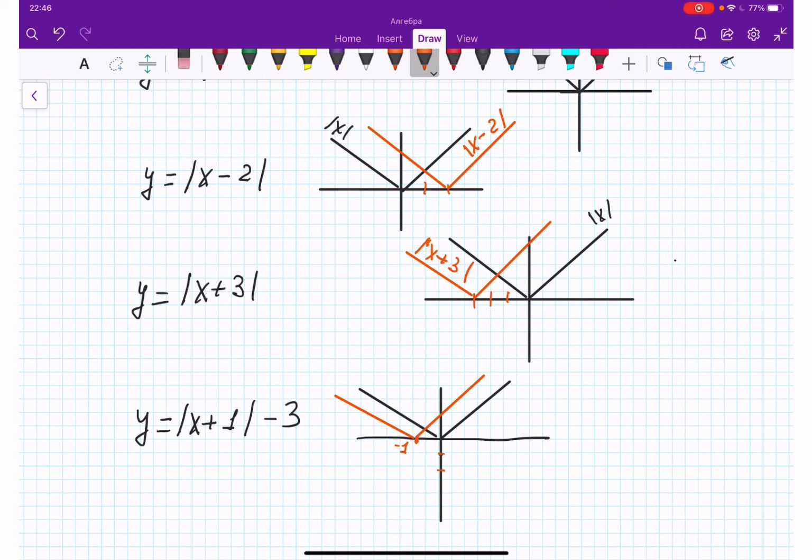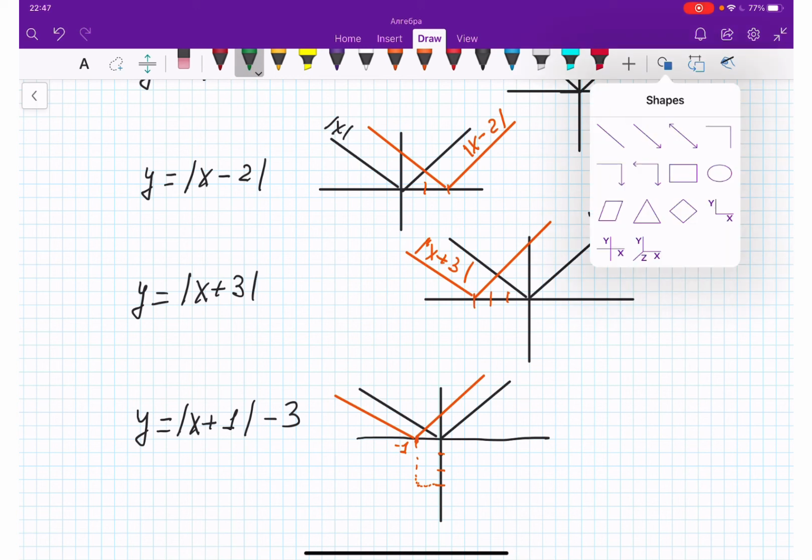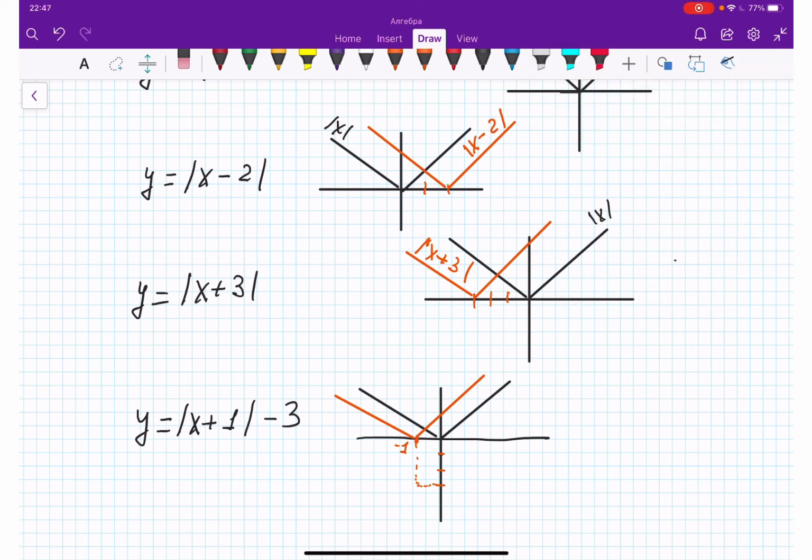So from where is 3? 1, 2, 3. Because our vertex is going to be at negative 1, it's going to be negative 1 and negative 3, right? I'll write it down after I draw the graph. So I'm going to draw now parallel to the x plus 1 graph, and x also. There we go. This is 1, and this is 2.